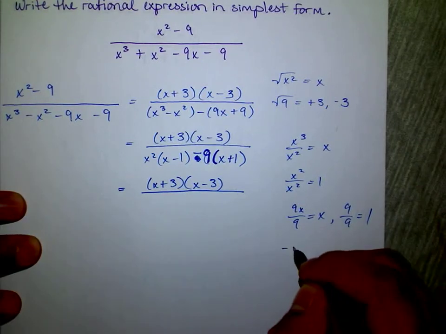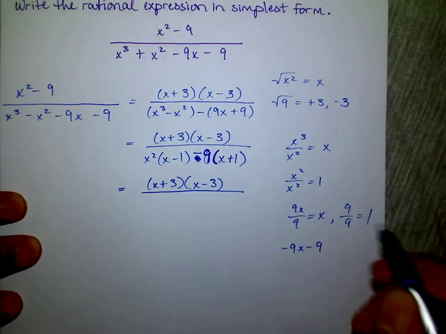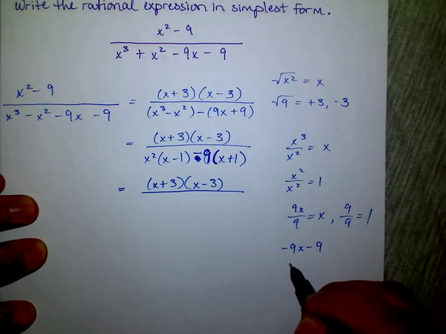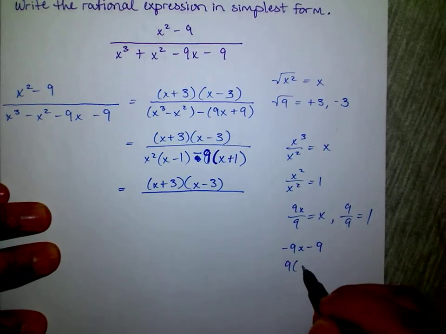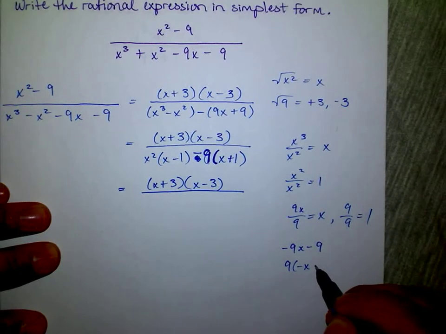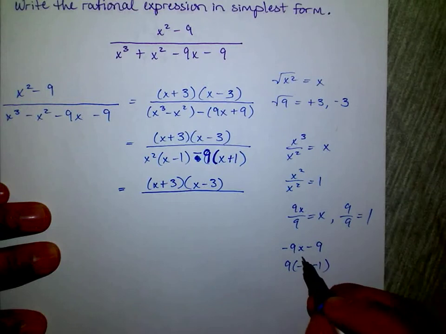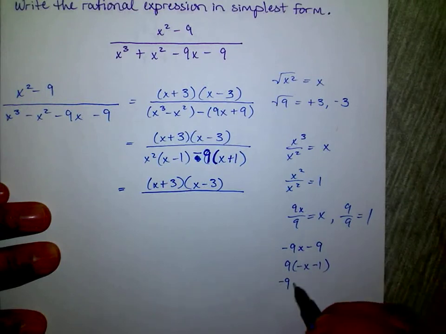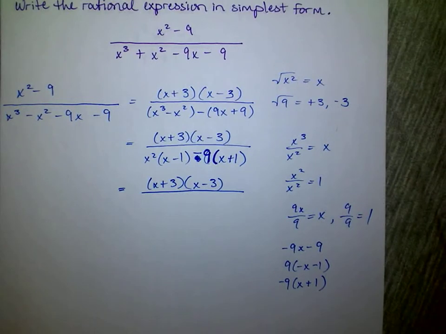So let's see over here. Negative 9x minus 9. If we take out a 9x, that'll be negative x minus 1. And if we take out a negative 9, that'll be x plus 1. So there's nothing we can really do here.